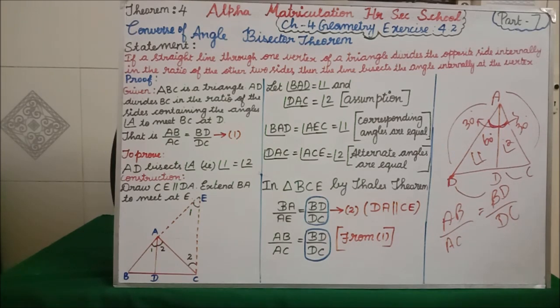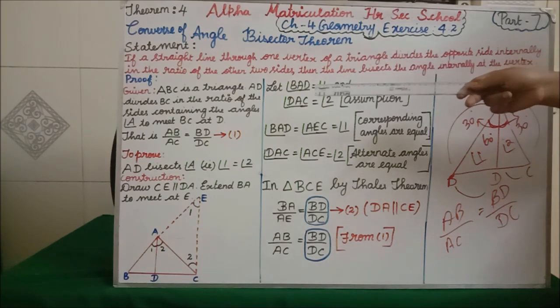Clear students? First we will see the given and the to prove. I hope you all understood up to the statement. Now we will go for the given. ABC is a triangle.